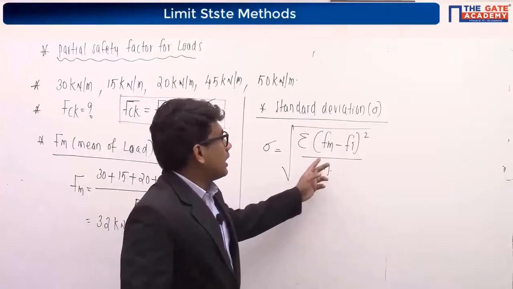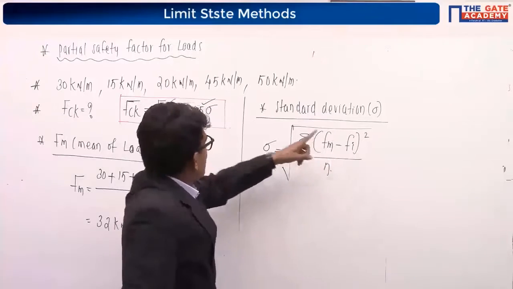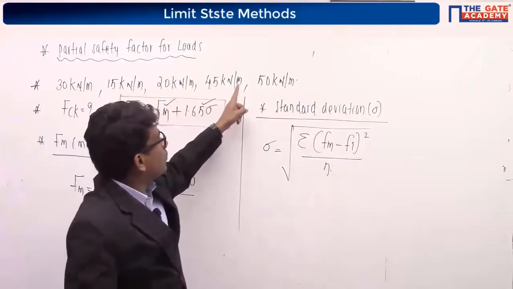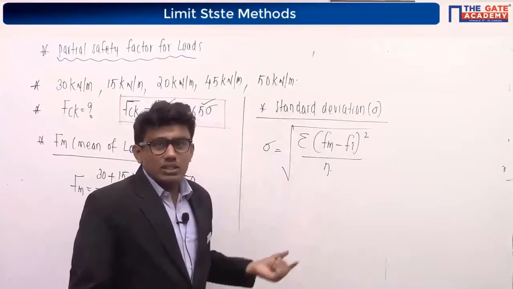What is Fm? Fm is the mean of the loads. Fi stands for F1, F2, F3, F4, F5, etc., where n is the number of samples.